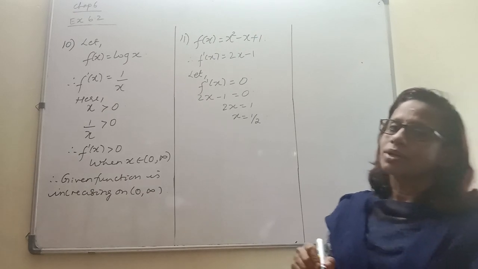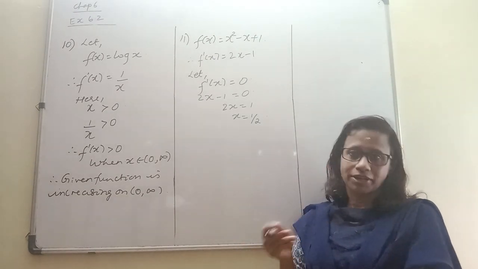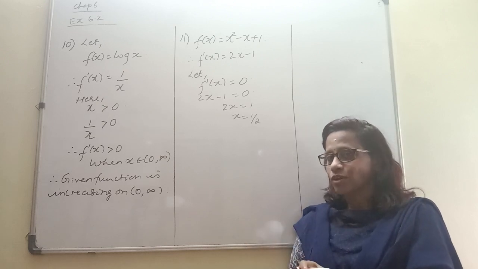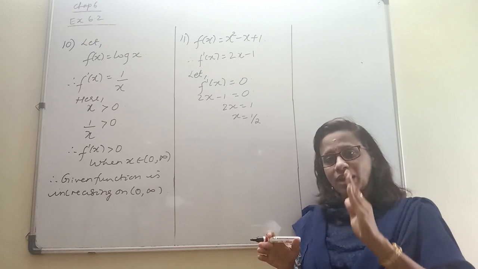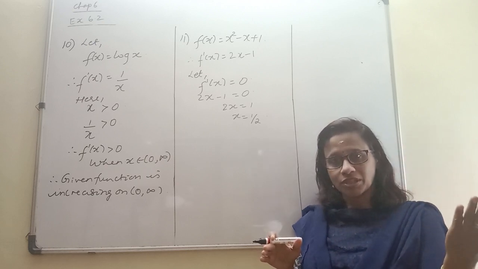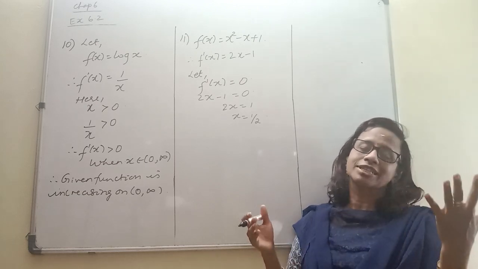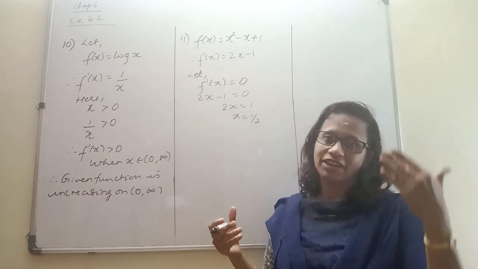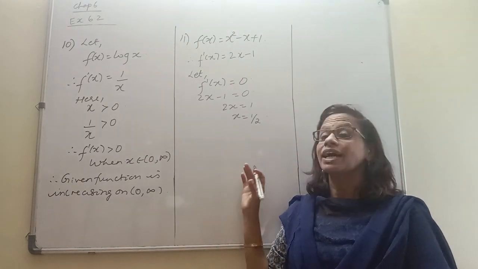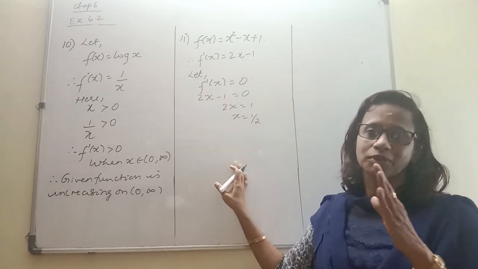Now they ask us to look at the interval between minus 1 and 1 and show that it is neither increasing nor decreasing. What we are going to do is choose 2 points, where at one point the f dash value will be positive and at the other the f dash value will be negative. That's how you show that it is neither increasing nor decreasing. Why is that happening? Because in the interval from minus 1 to 1, this half, the critical point, is coming.